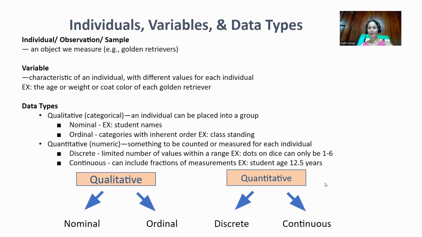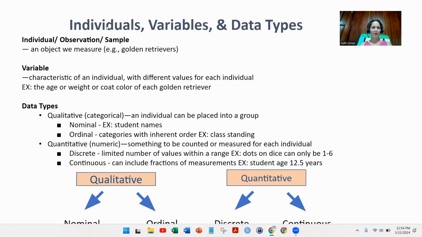Okay, we're going to talk a little bit more about this idea of individuals, variables, and data types. I just want to put this in here while we're talking about it. So again, another set of synonyms to be aware of is individual, observation, and sample.